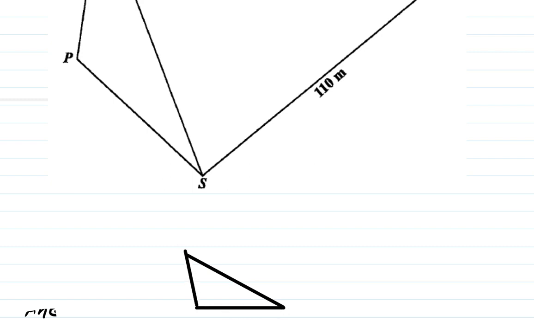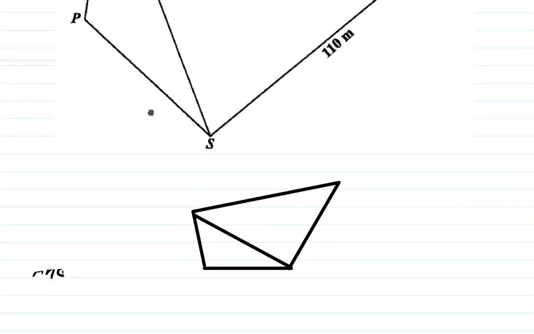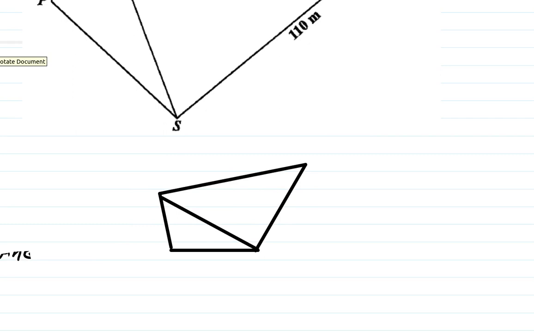Suppose I do this and say this is 3D. R is here. T is going straight up. And then the angle of elevation will be here, right?